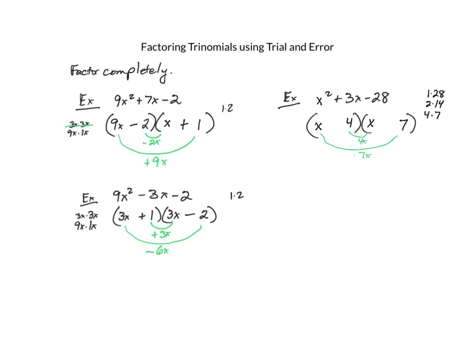As long as the 7 is positive and the 4 is negative, that will add up to 3x. And notice we do need 1 positive and 1 negative because this is a negative 28. So I'm going to put in the plus right here on the 7 and the minus on the 4.